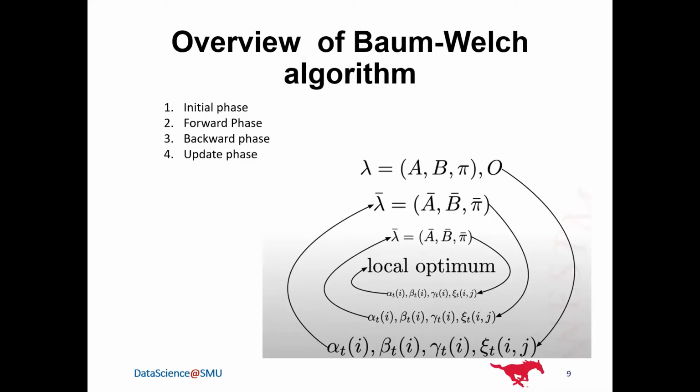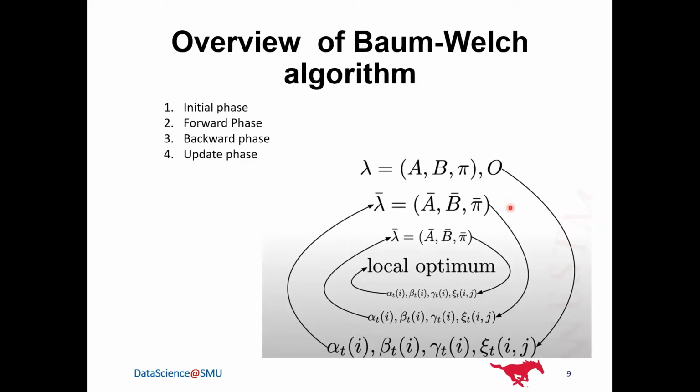So there are a few phases of this algorithm, including the initial phase, the forward phase, the backward phase, and the update phase. The forward and backward phases form the E step of the EM algorithm, while the update phase itself is in the M step. The result is that it converges to a stable good answer, but it might not be the best as it searches for a local optimal result, as it solves for parameters for lambda.